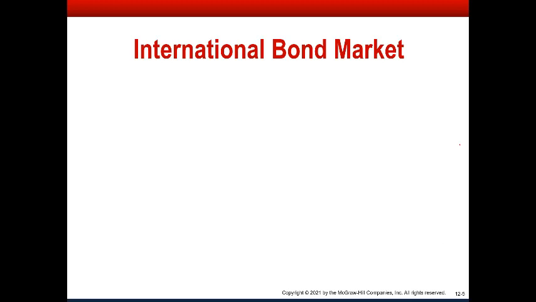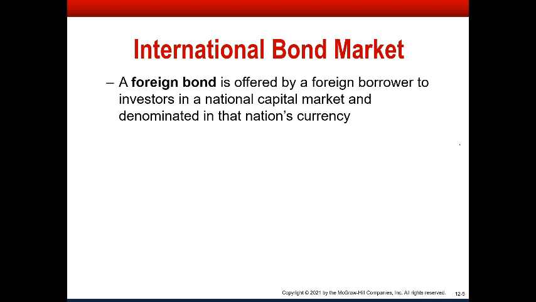So let's talk about some differences with the international bond market vis-a-vis a country's domestic bond market. There are two things to look at when we're talking about international bonds: foreign bonds and euro bonds. A foreign bond is offered by a foreign company to domestic investors in the currency of the nation where the bond purchasers are located.